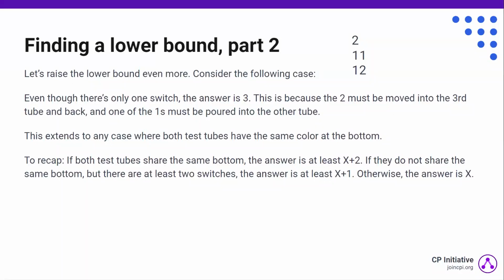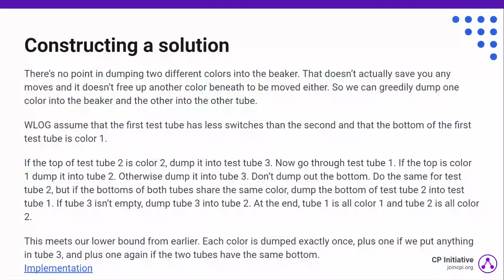Alright, so now we just have to find a solution that actually meets these lower bounds, or at least comes very close to them. The first thing to observe when we make the solution is that there's no point in dumping 2 different colors into the beaker, because that doesn't save you any moves under any circumstances. Let's say we dump 2 colors into the beaker; we're still going to need 2 pours to move them both out.